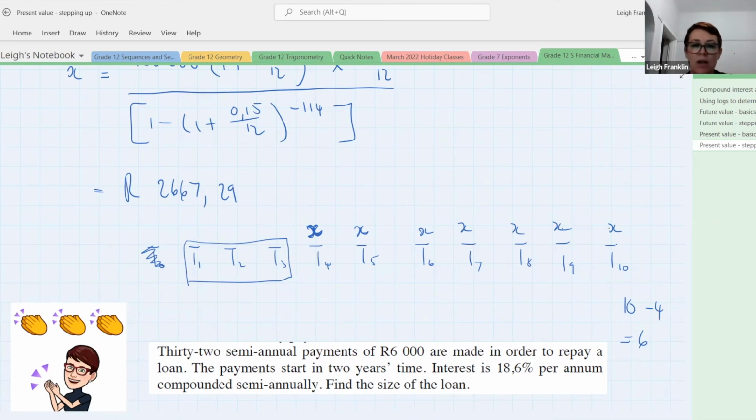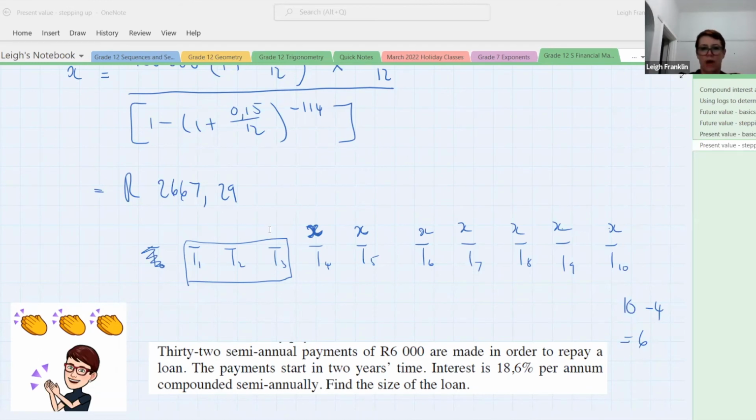Can you see now why you have to add that 1 in? Does it make sense now with easier numbers? Does it make sense? Can you see there? Yes, ma'am.